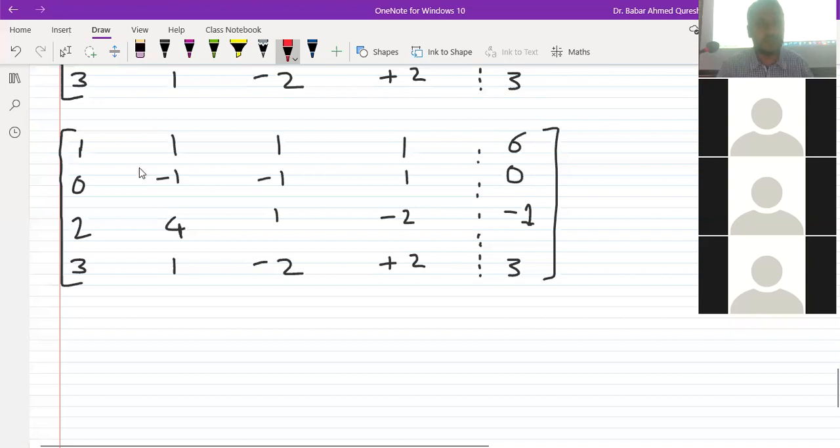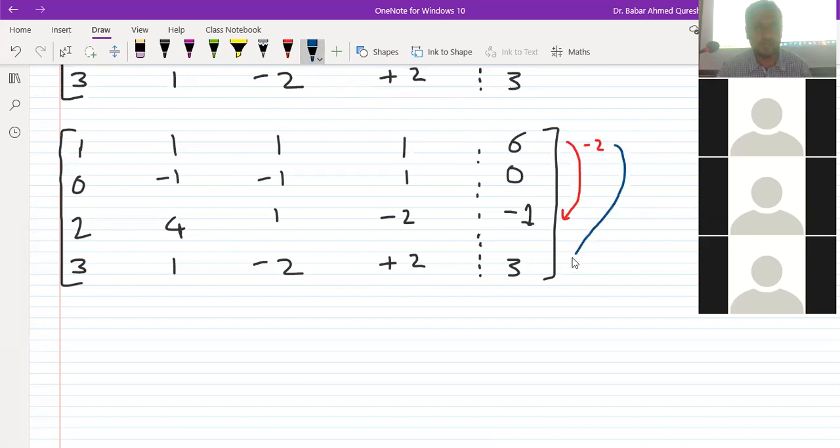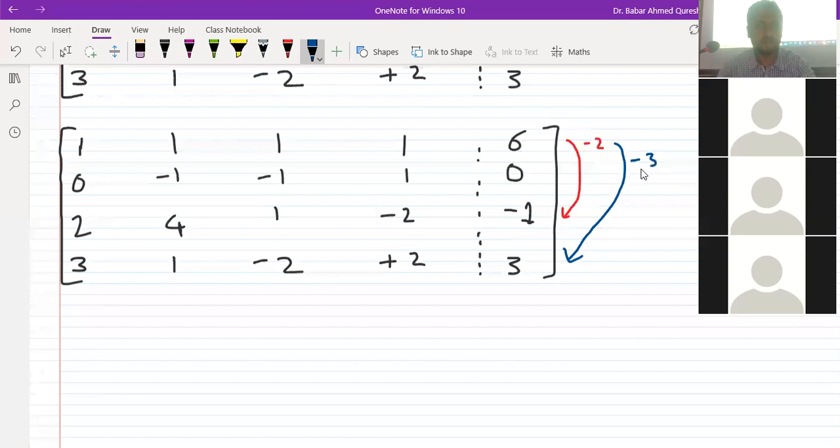Now I want to bring zeros below it. So in the second row, I don't even have to do anything. There's already a 0 over there. So I multiply the first row by -2 and add it to the third row. And multiply the first row by -3 and add it to the fourth row.